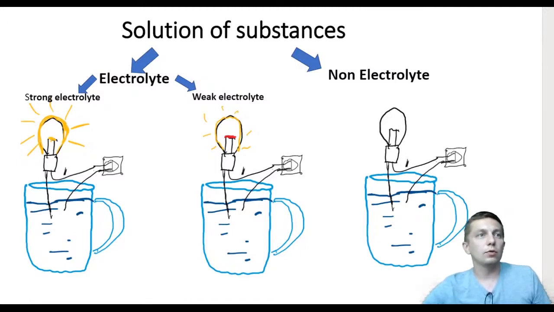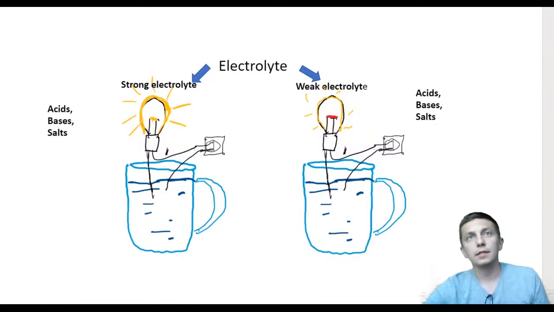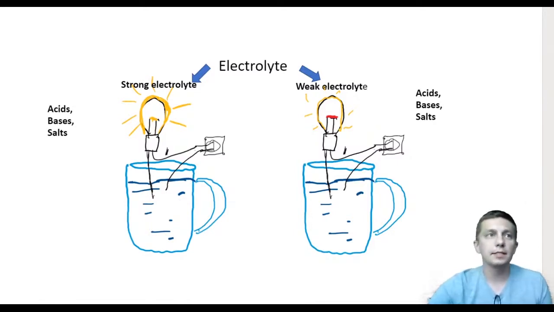The strong and weak electrolytes we can also group. For example, if we look at electrolytes only, strong electrolytes are sometimes acids, bases, and salts, and weak electrolytes are also acids, bases, and salts.